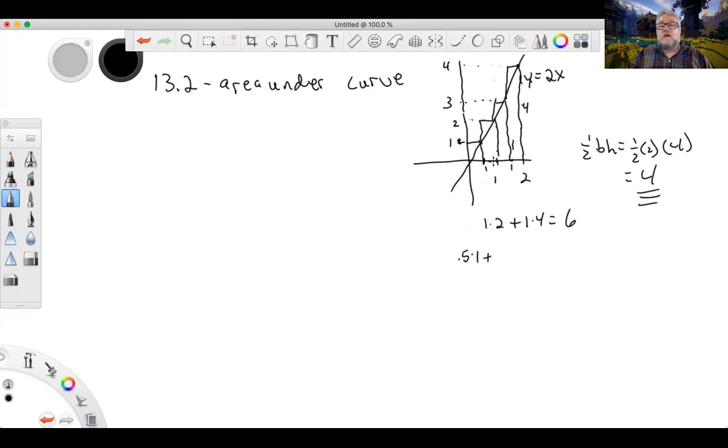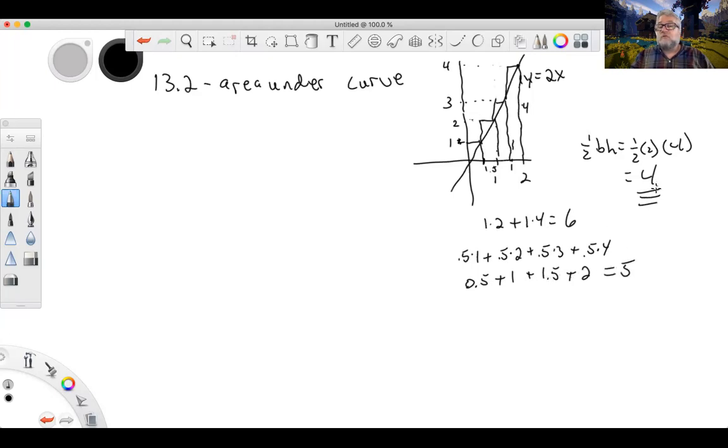This rectangle has a width of 0.5, but a height of 2. This one has a width of 0.5, but a height of 3. This one has a width of 0.5 and a height of 4. So this is 0.5 plus 1 plus 1.5 plus 2. So 3 plus 2 is 5.